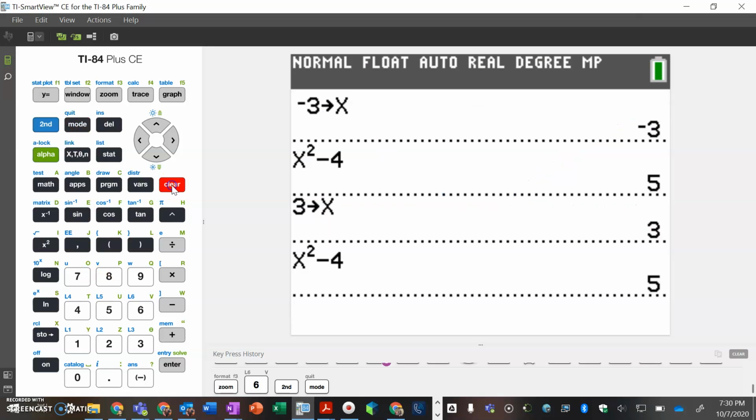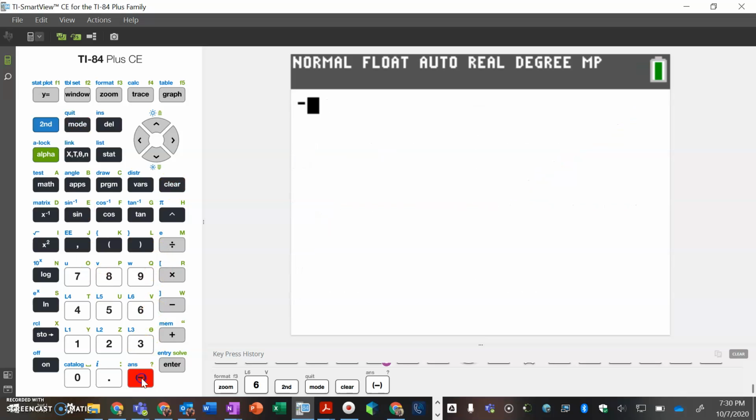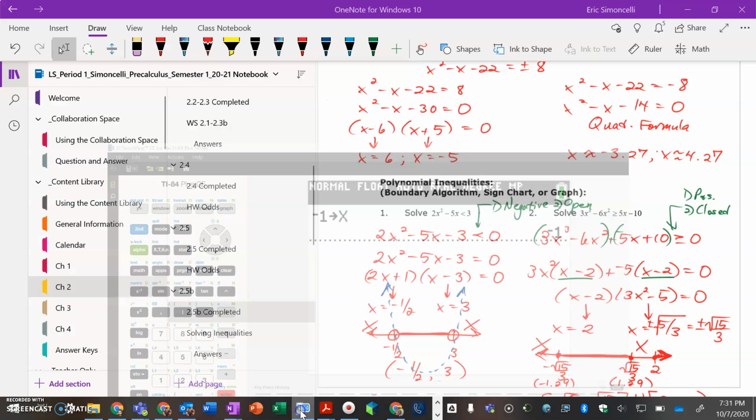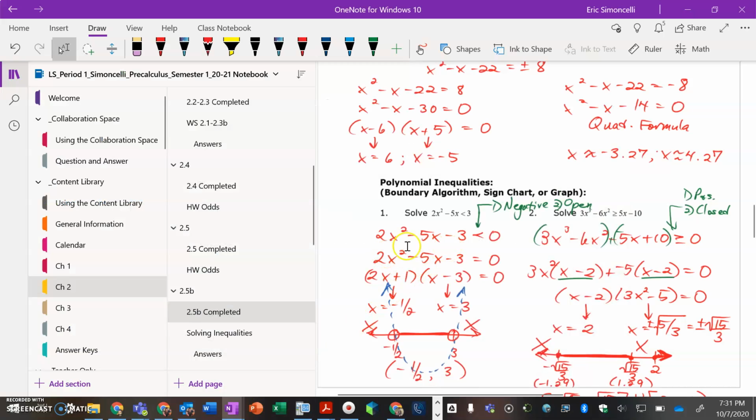If we do this, for example, we know that -1 is less than -1/2. So if I were to store that as x, yet again, I can go through. And if we remember, again, using this quadratic, essentially 2x squared minus 5x minus 3. We want it to be less than 0.